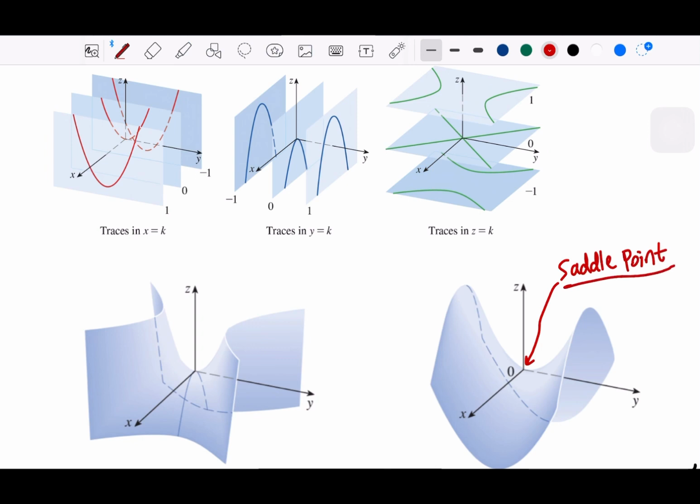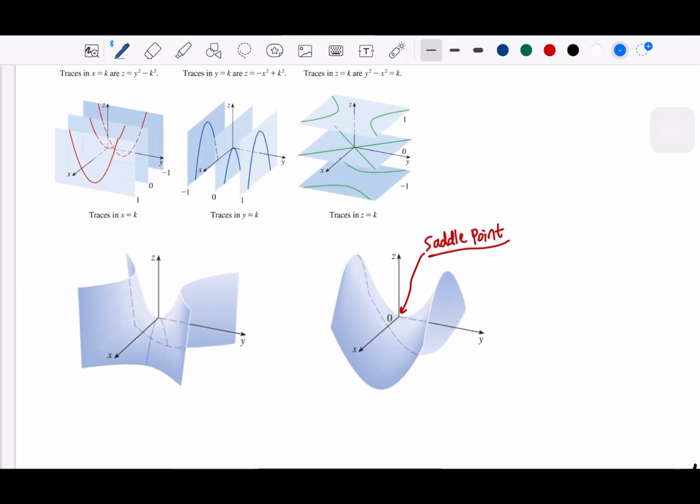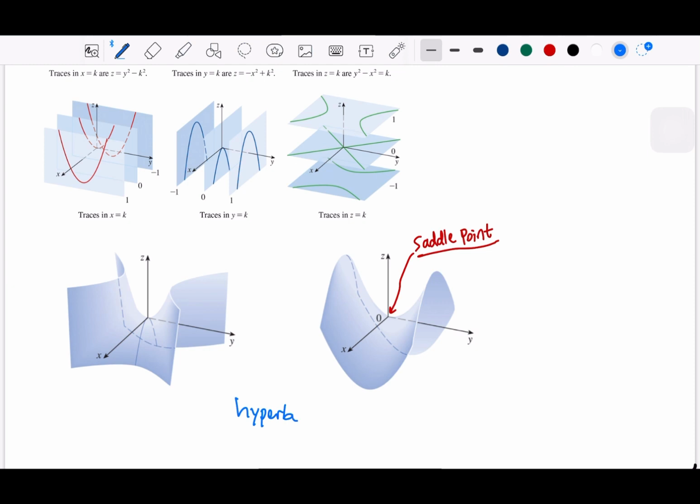Okay. Please keep in mind, we are going to see the saddle point in chapter 14, okay, when we deal with partial derivatives. We are going to be able to compute the saddle point, I mean, how to determine the points on that saddle point. So the name is hyperbolic paraboloid.